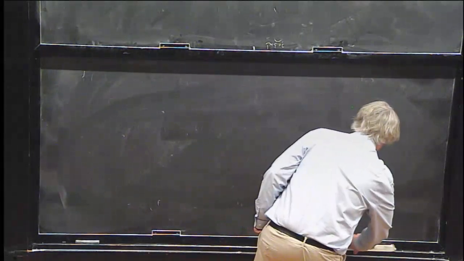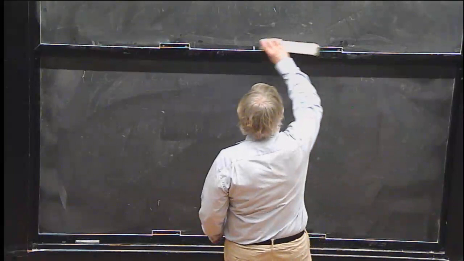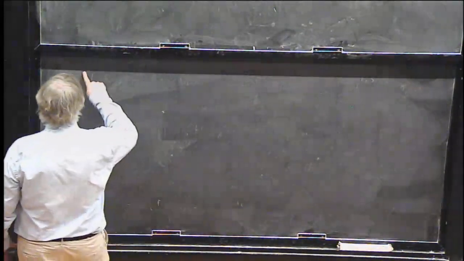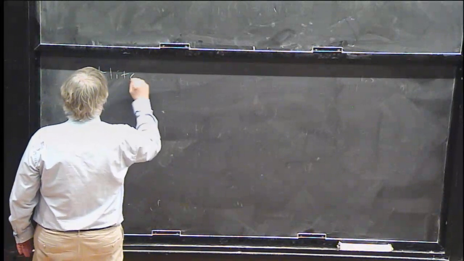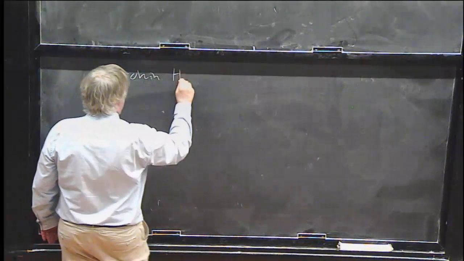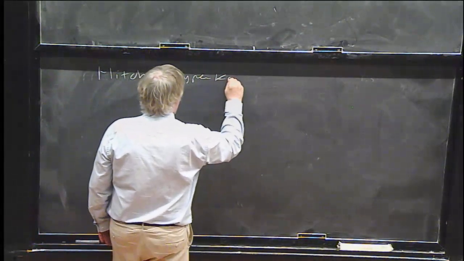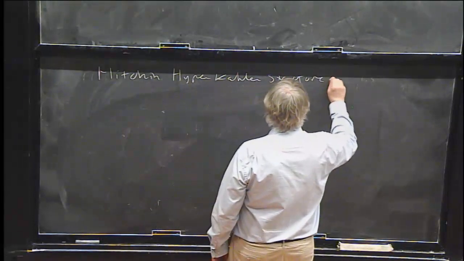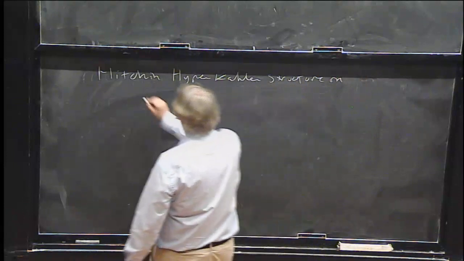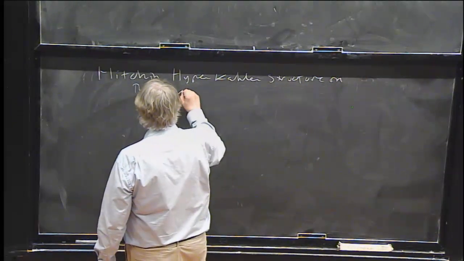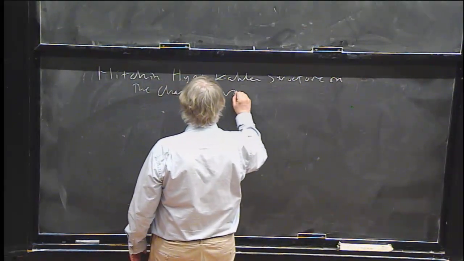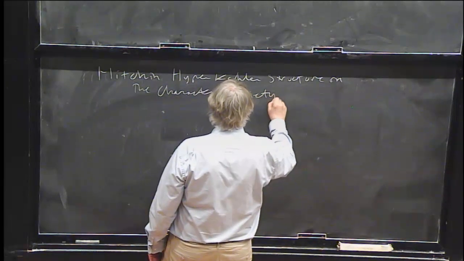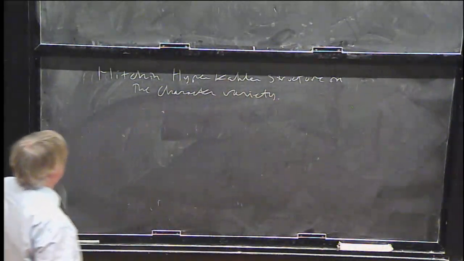Okay, so this would be the topic of another talk, obviously, but then we have the Hitchin hyperkähler structure on the character variety. Now the Hitchin hyperkähler structure on the character variety.